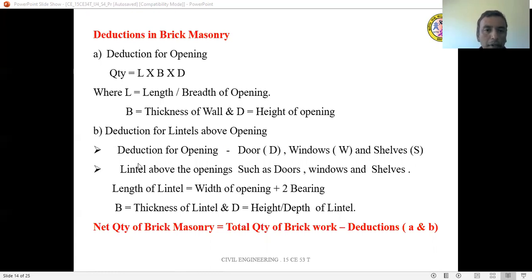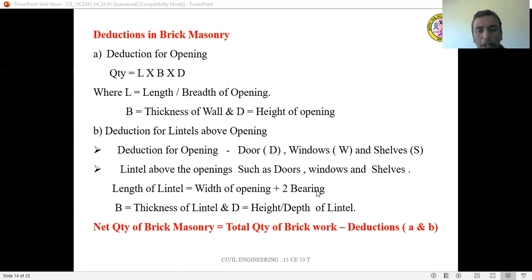Deduction for opening is nothing but you have to deduct the doors, windows and shelves, and the lintel above the openings such as doors, windows and shelves. Length of the lintel is normally equal to the width of the opening plus 2 times the bearing.